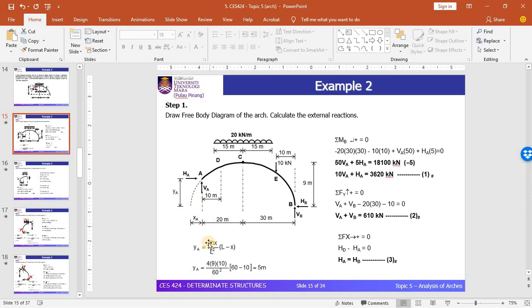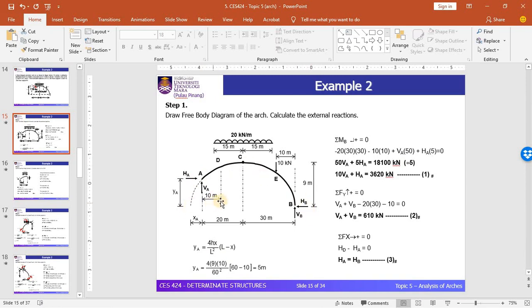To calculate YA, we will use the general equation that I introduced in the previous part, and you need to bear in mind that the origin point of this arch is at this point, based on the complete shape of the arch, not from A. This equation of y has been derived based on the complete arch.